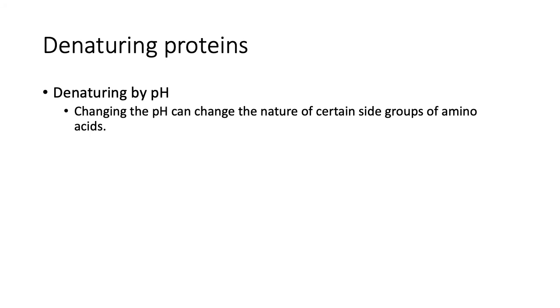If you've got a carboxylic acid on your side group and you change the pH, it can go to COO minus or COOH, and therefore you may not be able to create an ionic interaction. You may not be able to hold things together, and therefore everything falls apart.